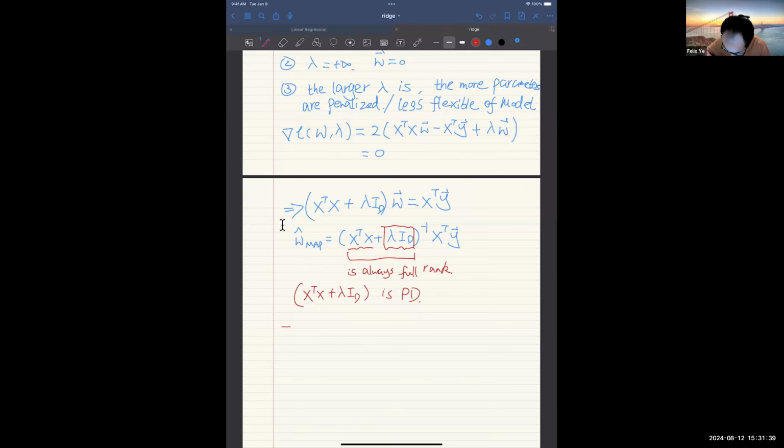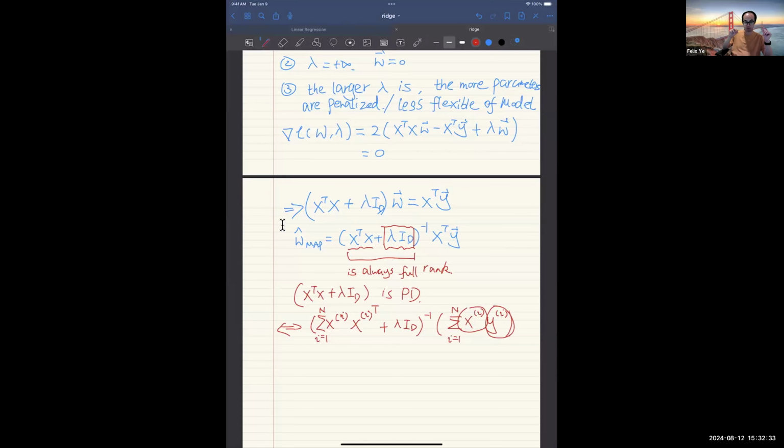Equivalently, you will have the index form as follows: the inverse of the sum over i from 1 to n of x_i x_i transpose plus lambda identity of D, times the sum over i from 1 to n of x_i y_i.